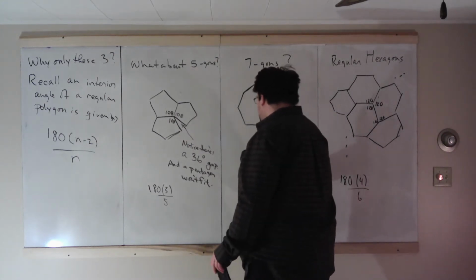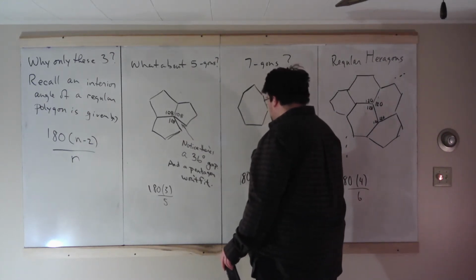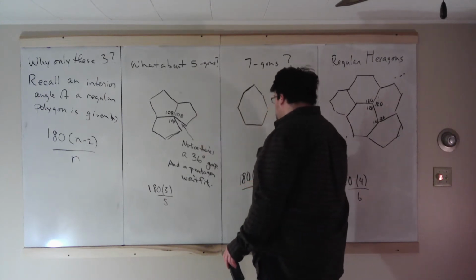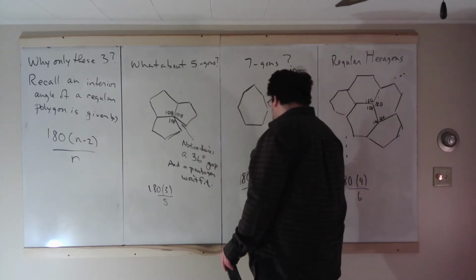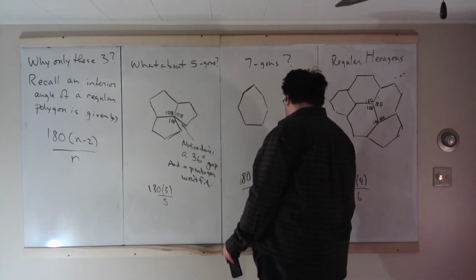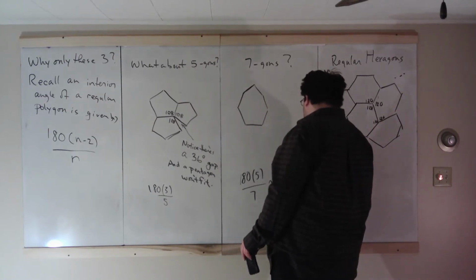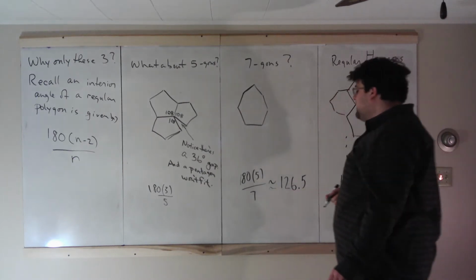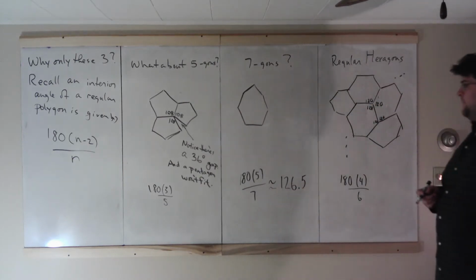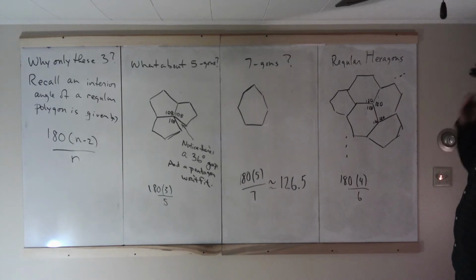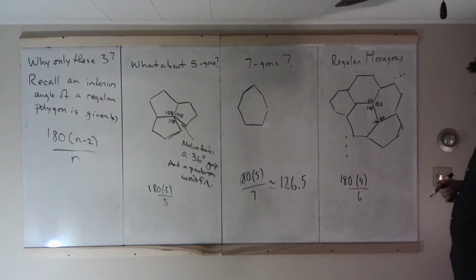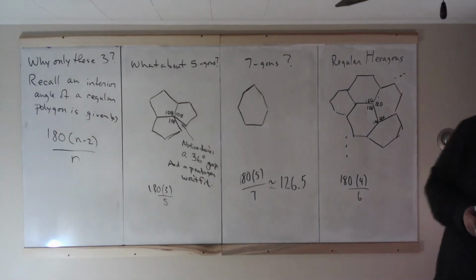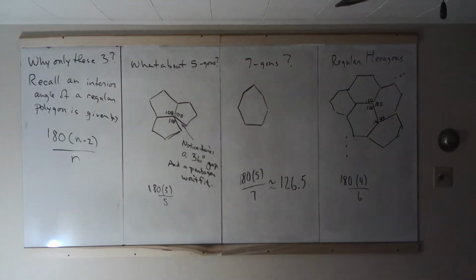Well, it doesn't simplify to a nice number, which might tell you right away that it's not going to add to 360 like hexagons did. But I will tell you it's about 126.5 degrees. Something like that. Actually, I'll just find it exactly. Where's my phone? I don't have my phone.